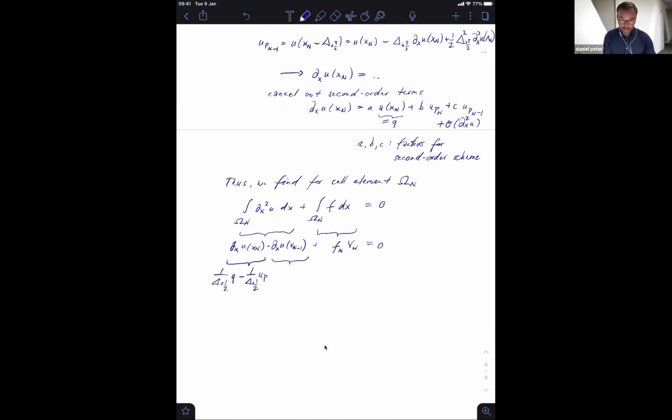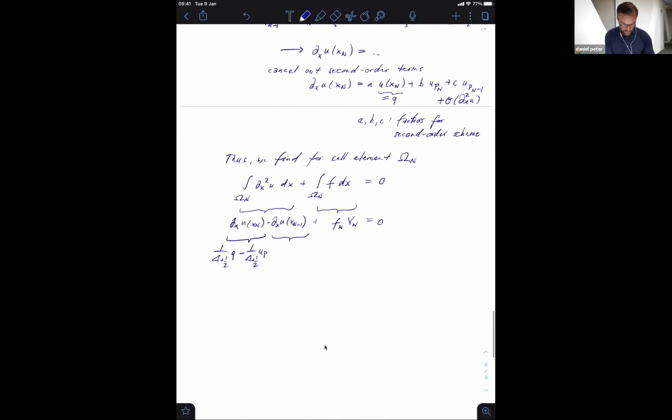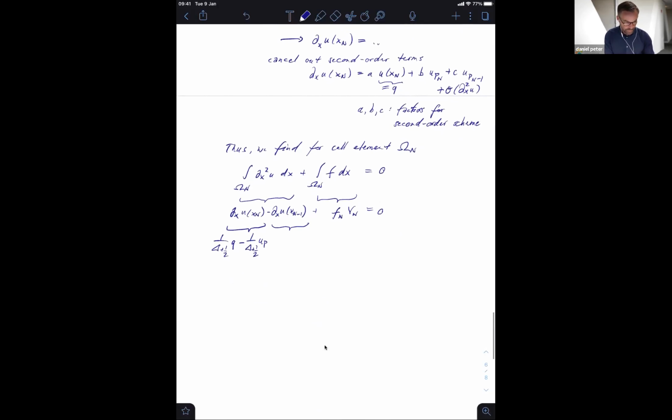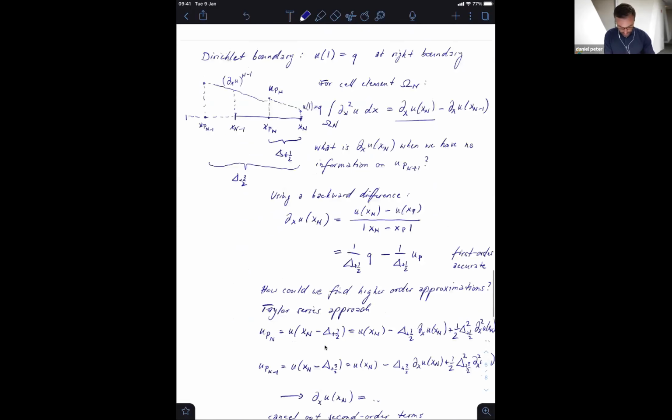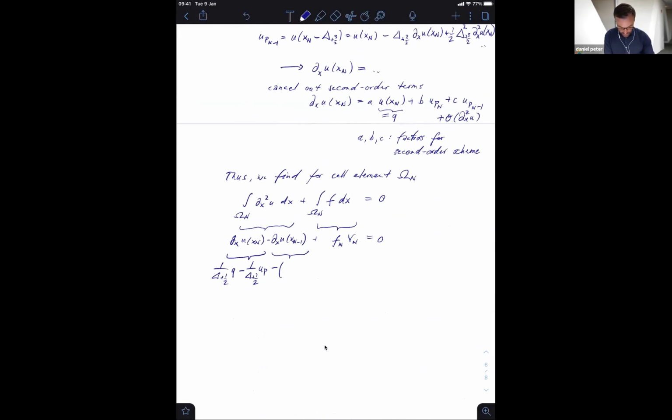And then the other derivative is just the usual derivative with the neighbor cell. So minus, now we had 1 over, let's call it delta minus, up minus 1 over delta minus, upn minus 1. Or maybe upn.